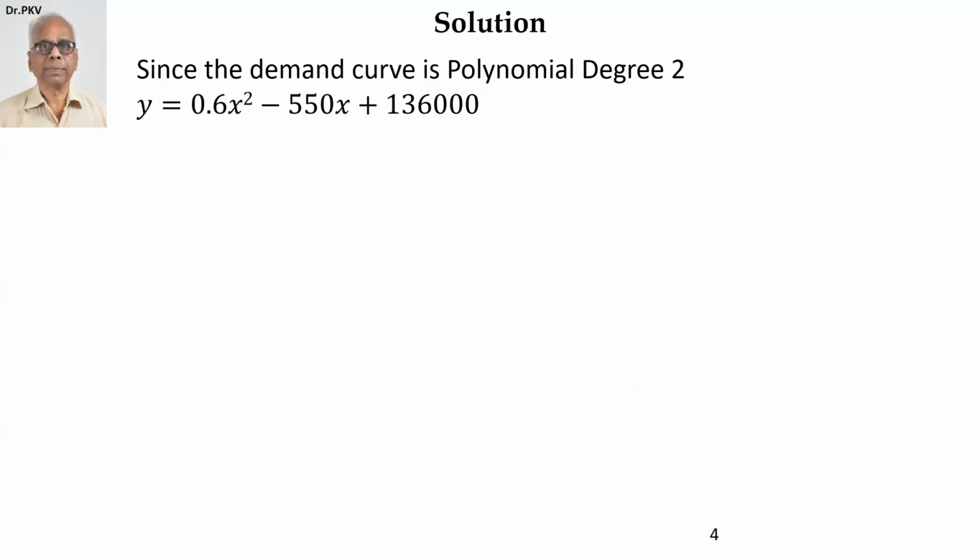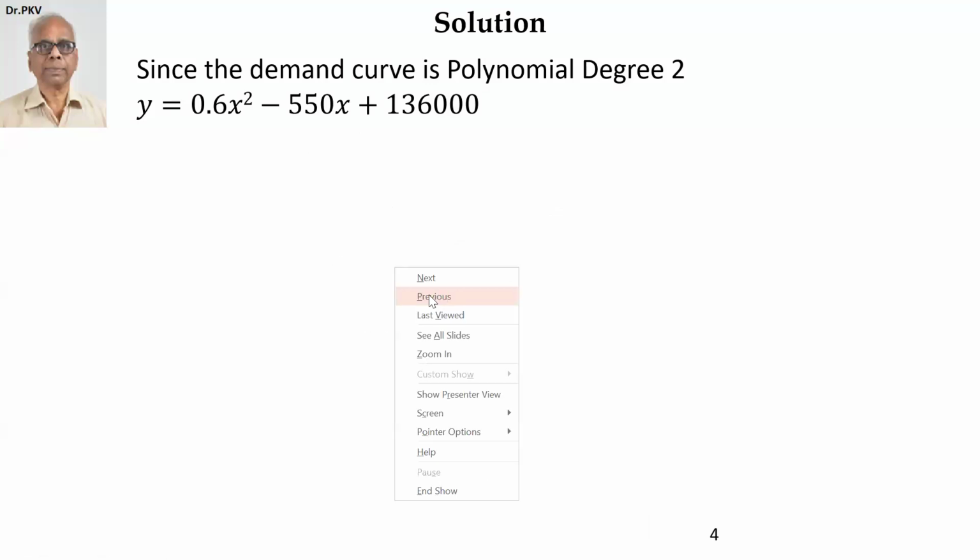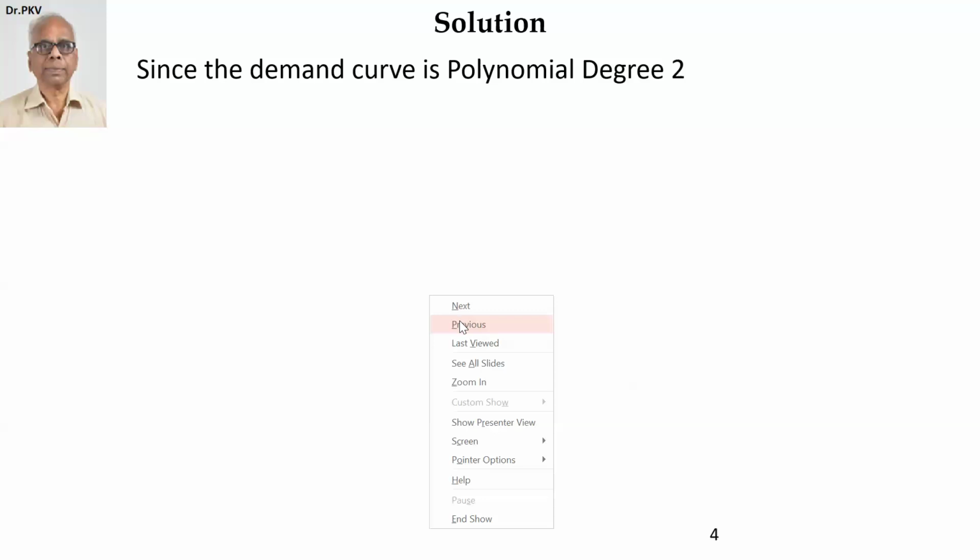Now, profit is equal to (x minus 250) times (0.6x squared minus 550x plus 1,36,000). Why? Because if price is x and the cost of a console is $250, we subtract. You can look at the problem which is given and you will notice that.